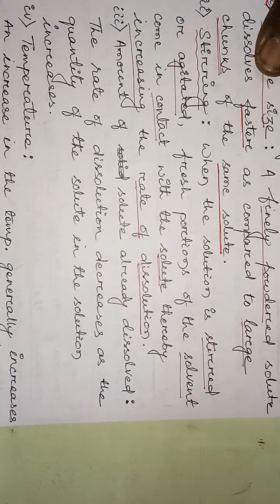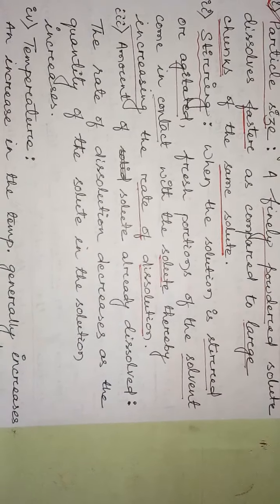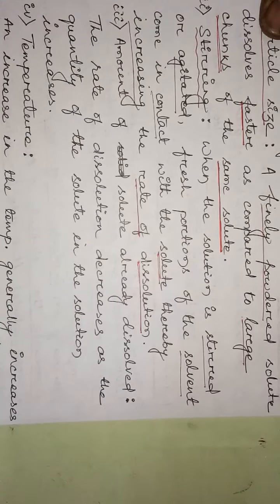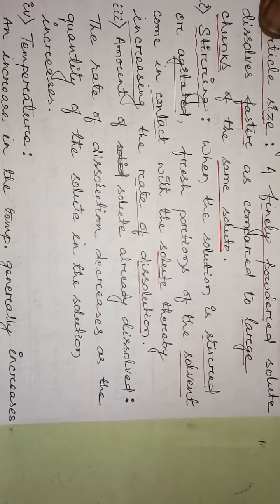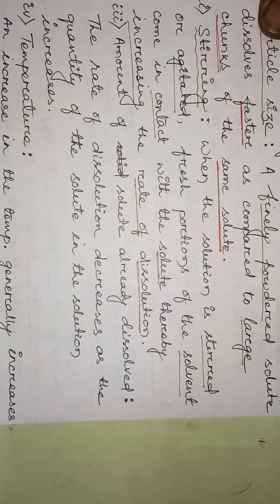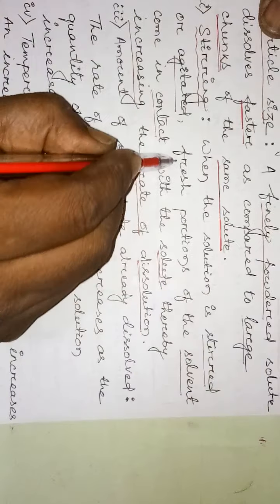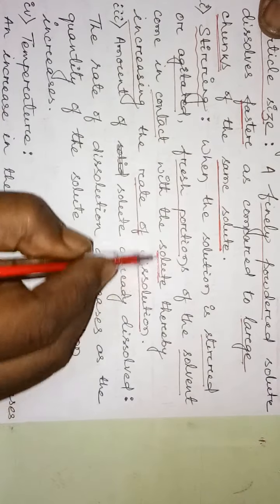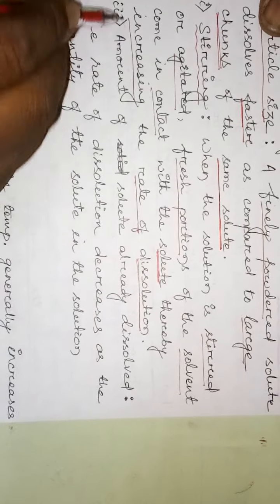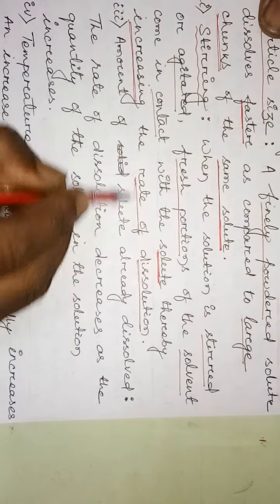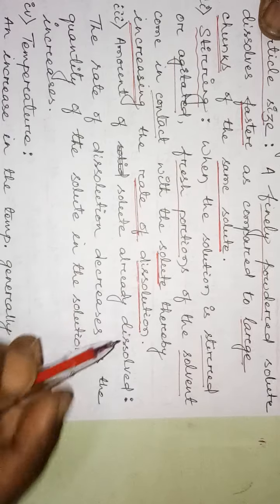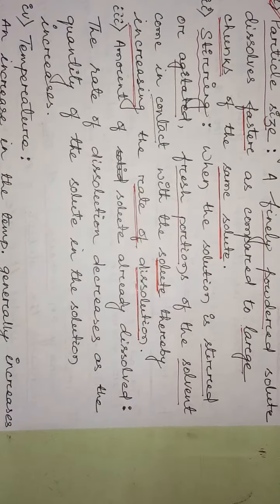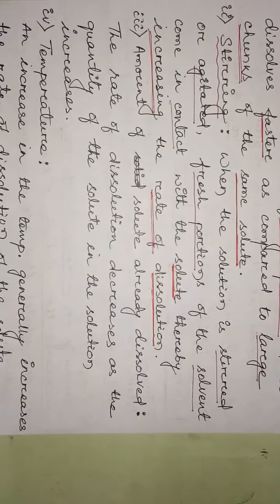Suppose you simply release a few sugar cubes into a glass of water, and in another glass you put the same number of sugar cubes and stir. The glass where you are stirring will dissolve the sugar cubes quickly as compared to the other glass.